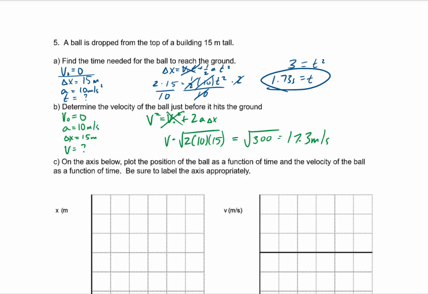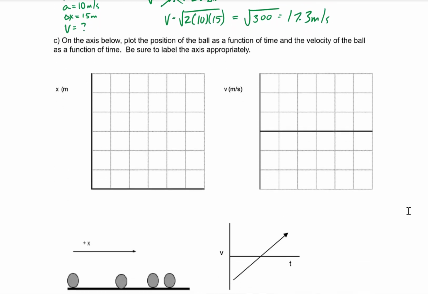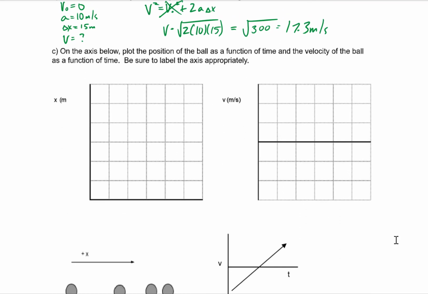So what we're going to do is take that information and graph it on the axes below. So for position, I know that we're accelerating, so that's going to need to be a curved line. But my position starts off at 15 meters. My final position is on the ground at 0 meters, so my delta x is 15 meters.